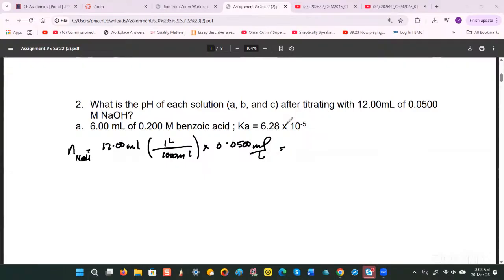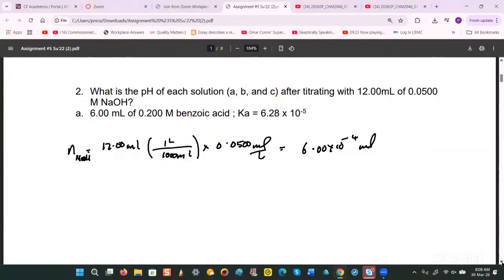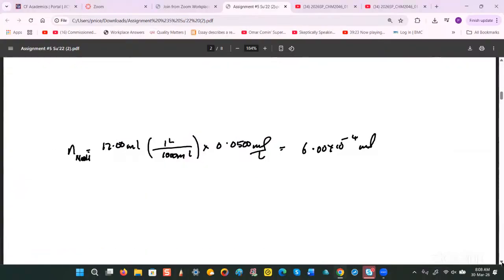So that's going to be 12 divided by 1,000 times 0.05. So according to my calculation, this would be 6.00 times 10 to the minus 4 moles of the sodium hydroxide. Okay, so we needed that information first. So let me scroll down now to the actual question, the C part.